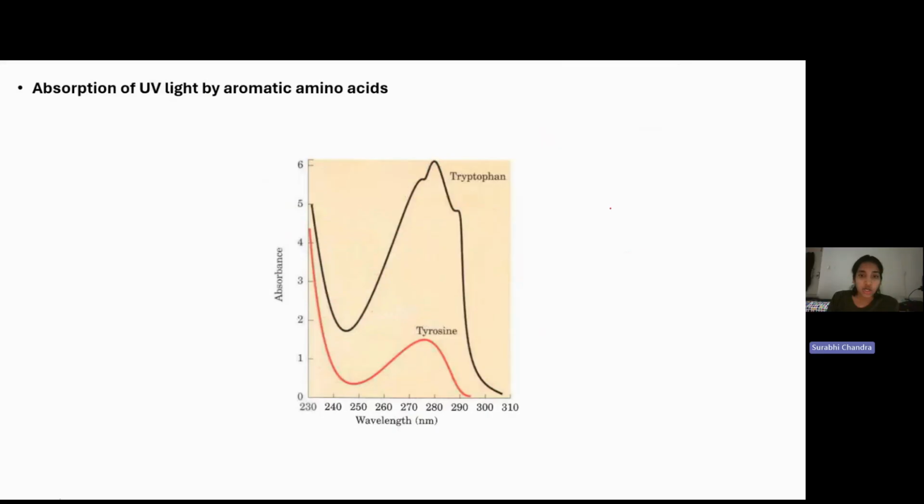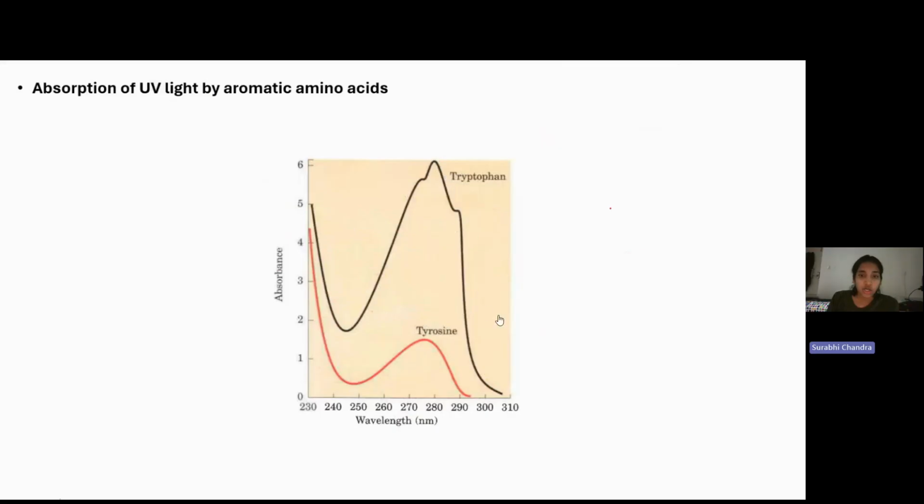So if any protein has a greater number of tryptophan residues, and it is present in a good concentration in the sample, then eventually you will have a higher OD value or absorbance.